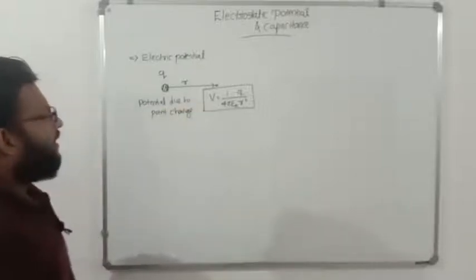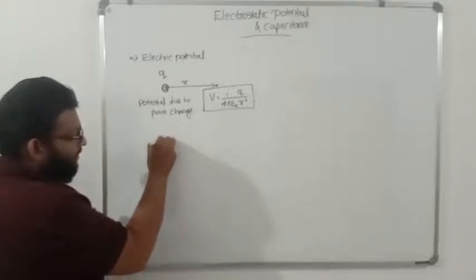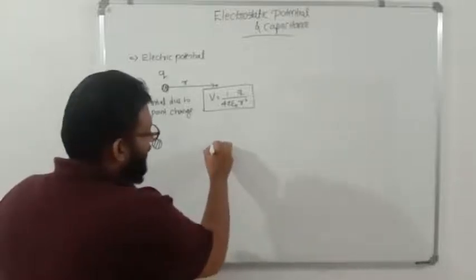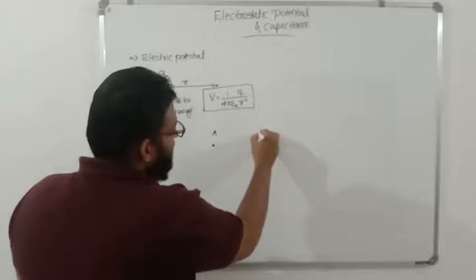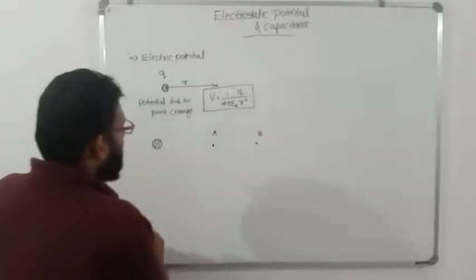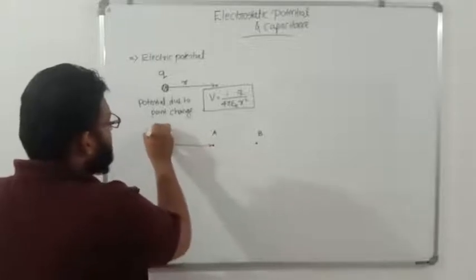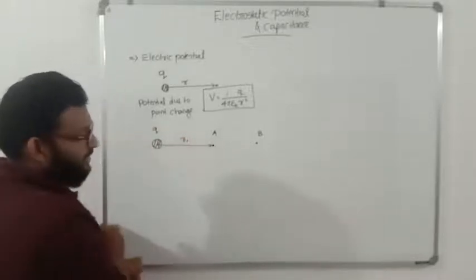Okay, now we are having a source charge and we are having 2 points. There is a point A and another point B. Look at here. From this source charge to point A, we have a distance r1.